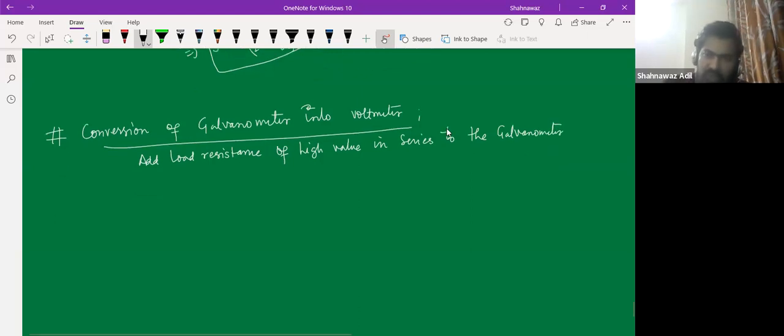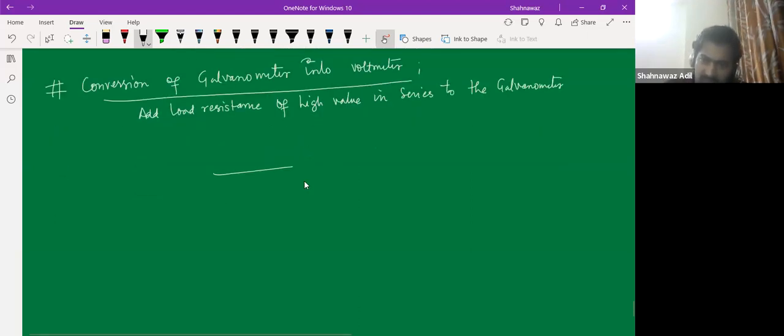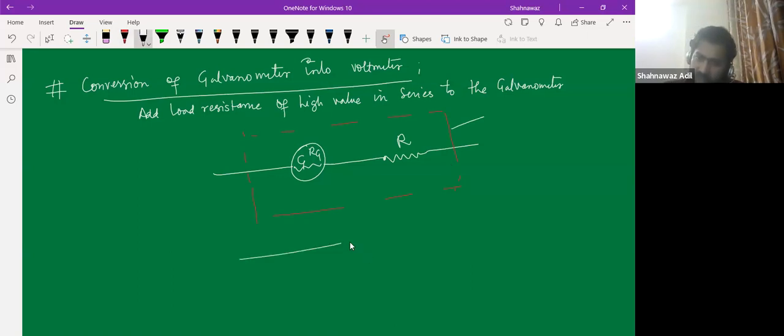So in this one, what do you do? I have this galvanometer which has some resistance, right? Let's say the resistance is RG. Then this whole thing is your voltmeter.